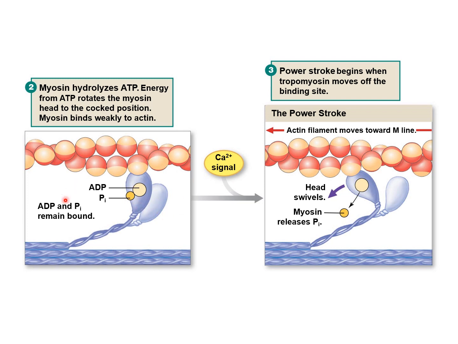So we've hydrolyzed that ATP. We are in the relaxed state, and if calcium is present, we'll go through another power stroke. If there is no calcium, the troponin and tropomyosin are covering those high affinity sites, and we will stay in the relaxed state. Okay. So the power stroke occurs when there's calcium present, causes the head to swivel, releasing PI, releasing ADP.